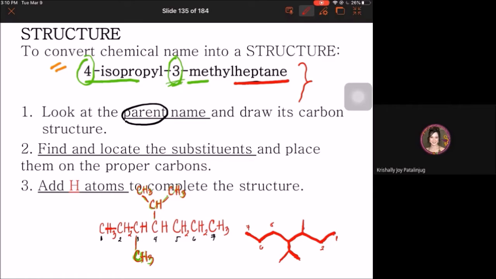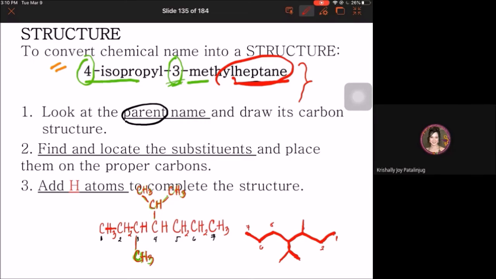If you know already the basics in naming organic compounds, you can easily draw or illustrate its structure. Okay, so mag-start ka again. Yung life hack dito or technique is you start with the parent chain. That will be your clue.